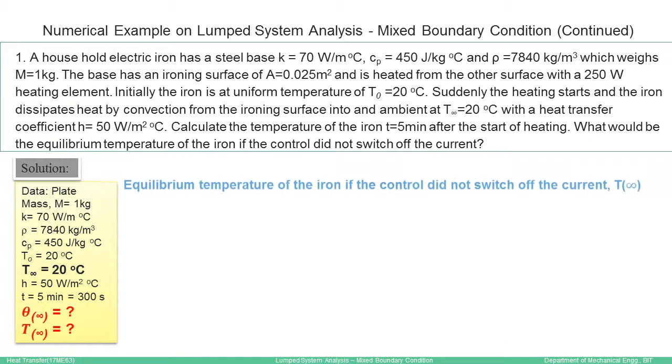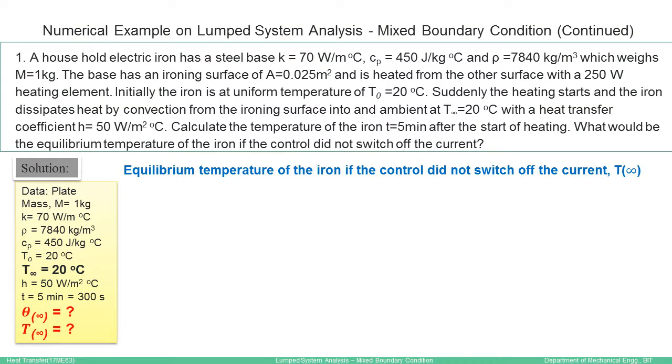So the second part of the question is to find out the equilibrium temperature of the iron if the control did not switch off the current. So we term that temperature as T∞. θ∞ is the difference between T(∞) minus T∞, so it is given by q by h.